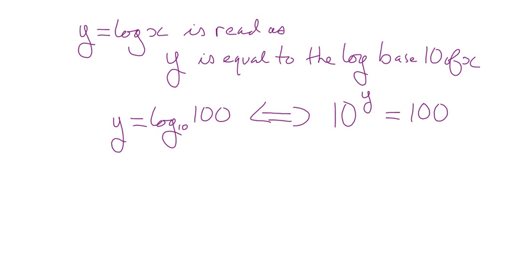Okay, so 10 to the y equals 100. Whatever this base is, if it's 2, that would be 2 to the something equals the number, right? And now we can solve this, right? Because we just go back to the last unit and we say, well, 100 is 10 squared. Okay, my bases are the same, so what's the next line? y equals 2. Okay. See that?